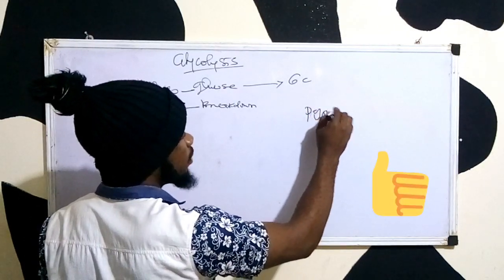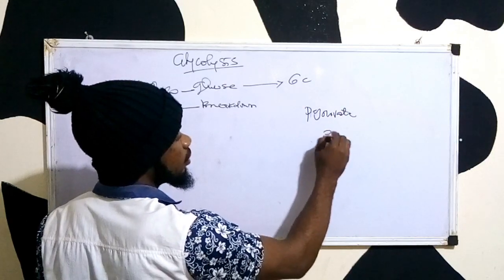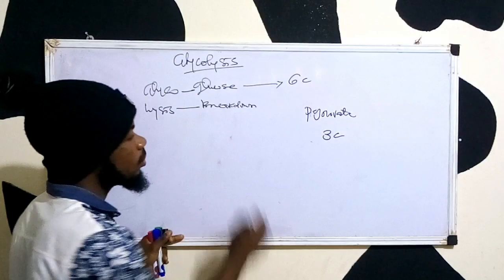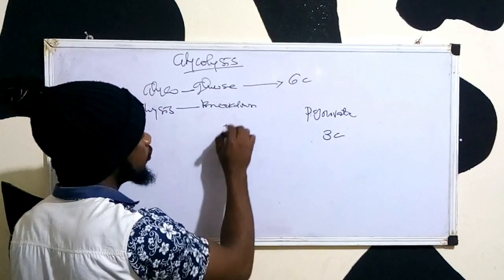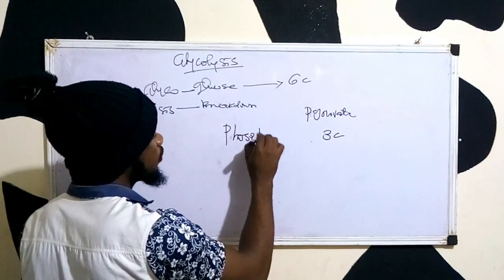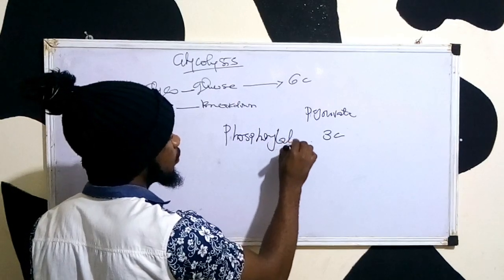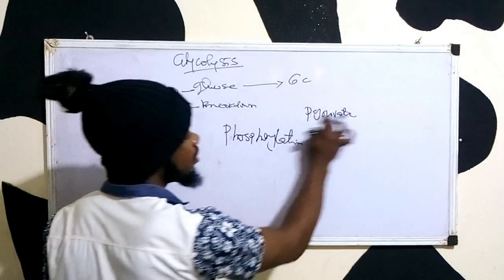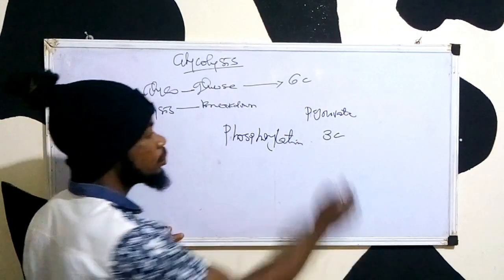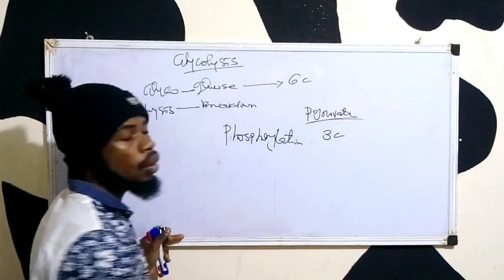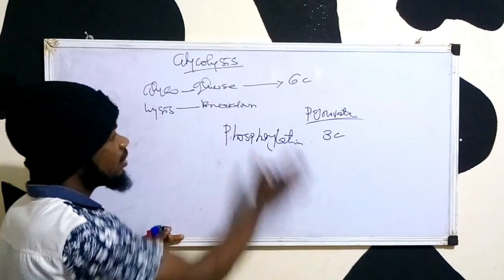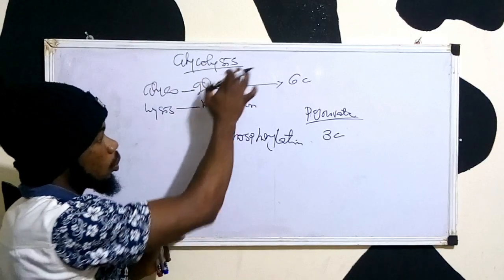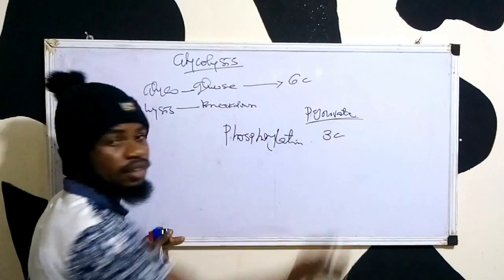It's converted to pyruvate, a three carbon compound, meaning that glucose undergoes a process called phosphorylation to give a series of compounds before arriving at the end product, which is two molecules of pyruvate. Now let's get down to the steps that glucose passes through before arriving at pyruvate.